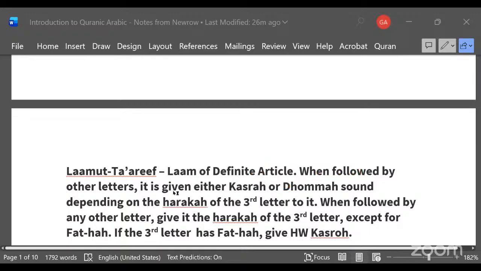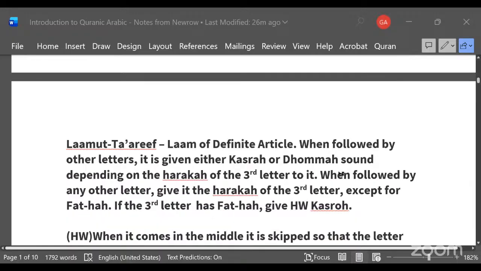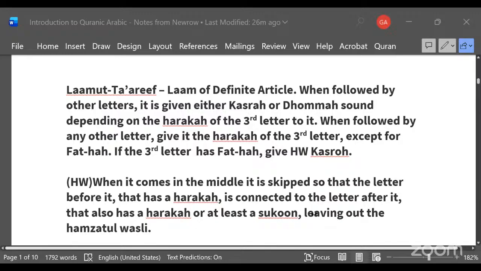So when followed by other letters, it is given either kasra or damma sound, depending on the haraka of the third letter to it. When followed by any other letter, give it the haraka of the third letter, except for fatha. If the third letter has fatha, give Hamzatul Wasl kasra.